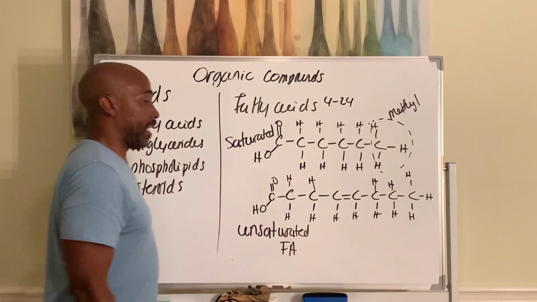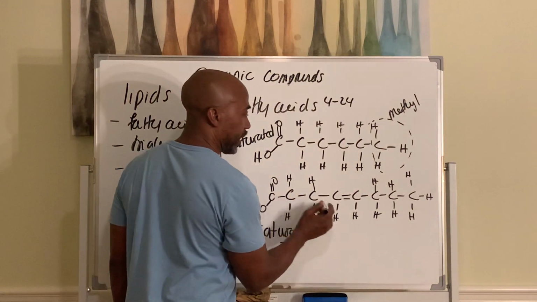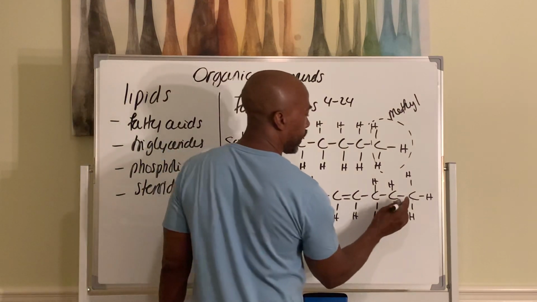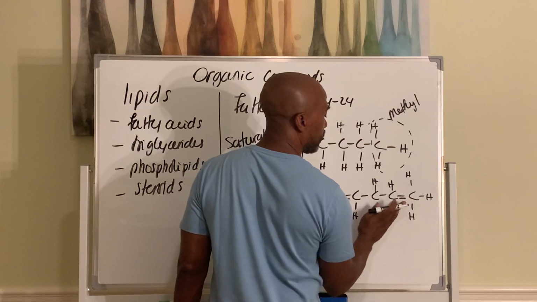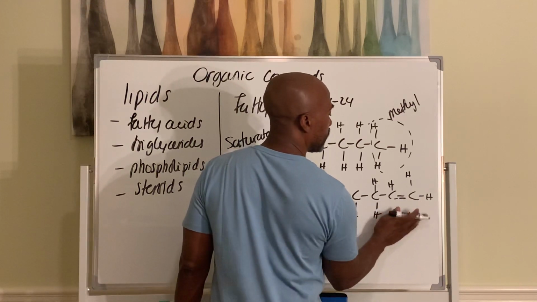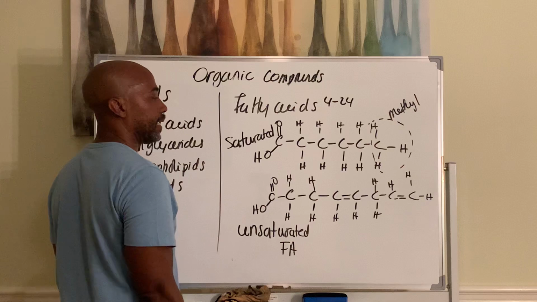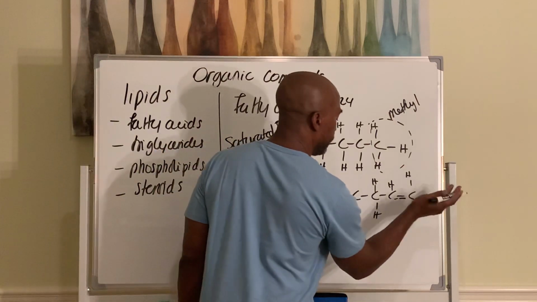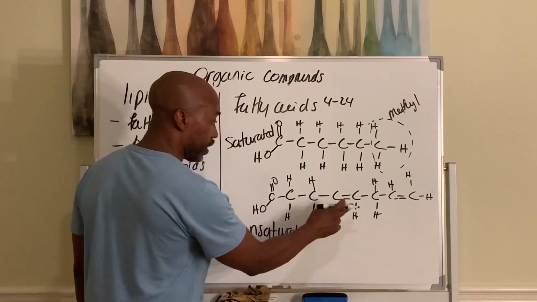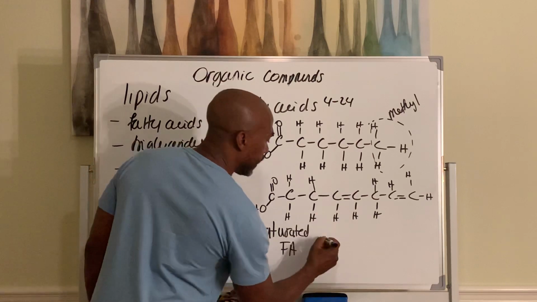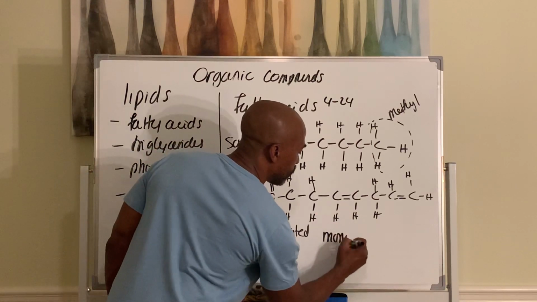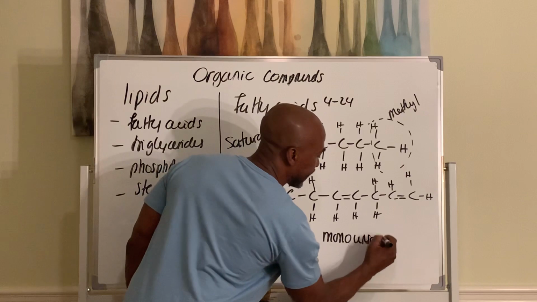And sometimes you can have two double bonds. Put one right here, for example. So if you have one double bond, it's monounsaturated fat.